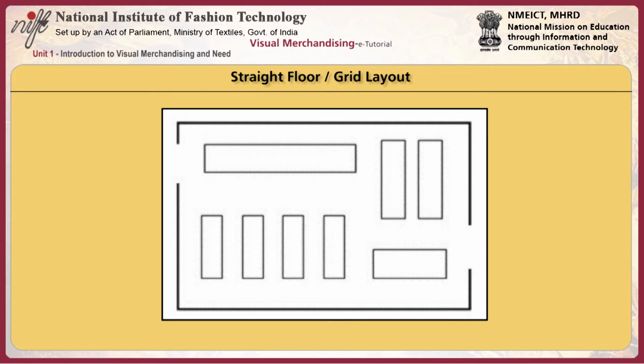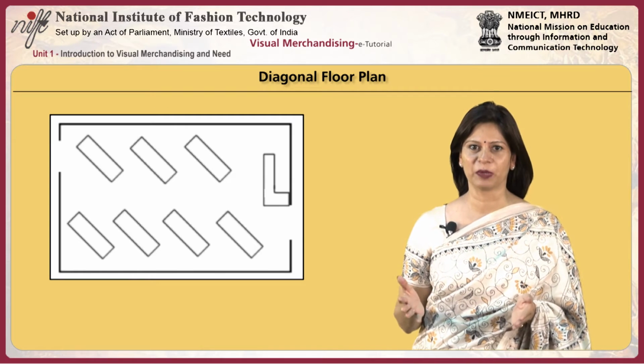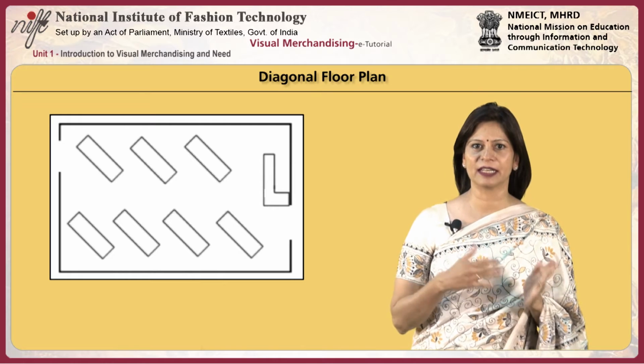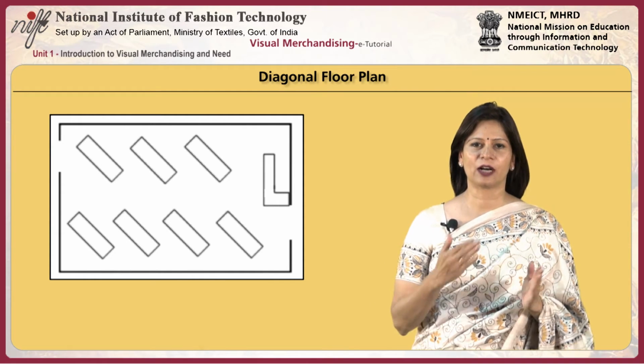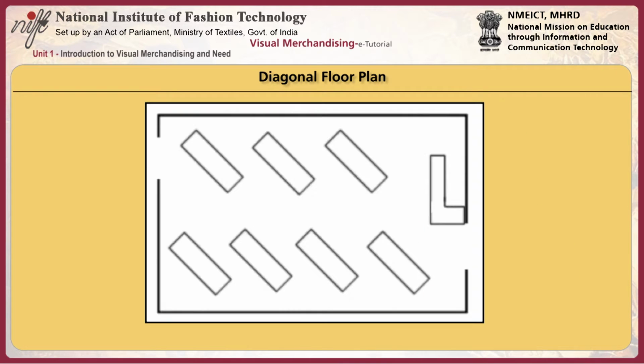It is one of the most common floor plans. The next is diagonal floor plan. As you can see in the image, and as the name indicates, they are diagonally arranged. The counters and fixtures are placed along a diagonal. Mostly it is kept at a 45 degree angle for better visibility.